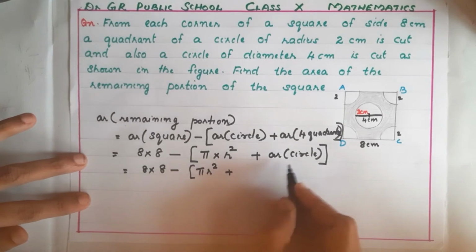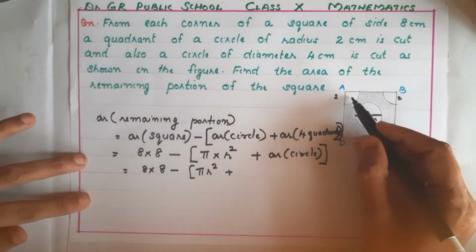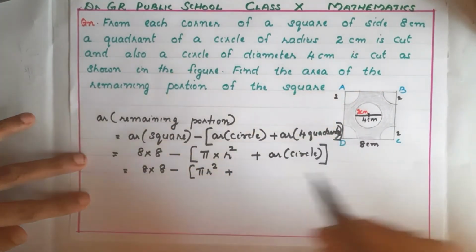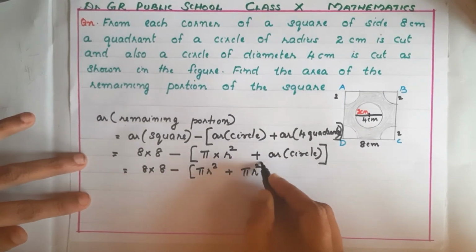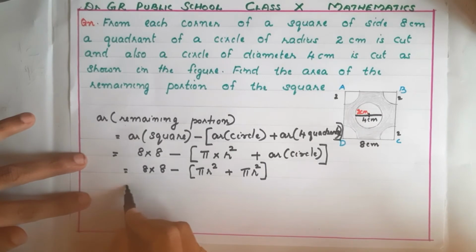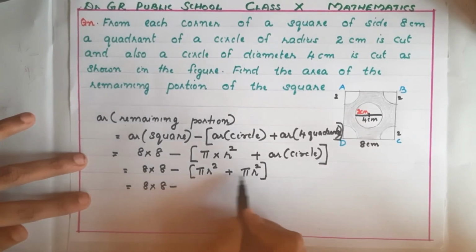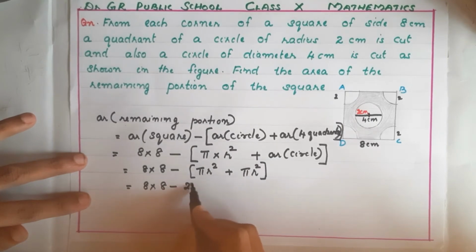So here also it is the area of a circle, with the same radius. So pi r square. Okay children. So 8 into 8 minus, what is pi r square plus pi r square? 2 pi r square.